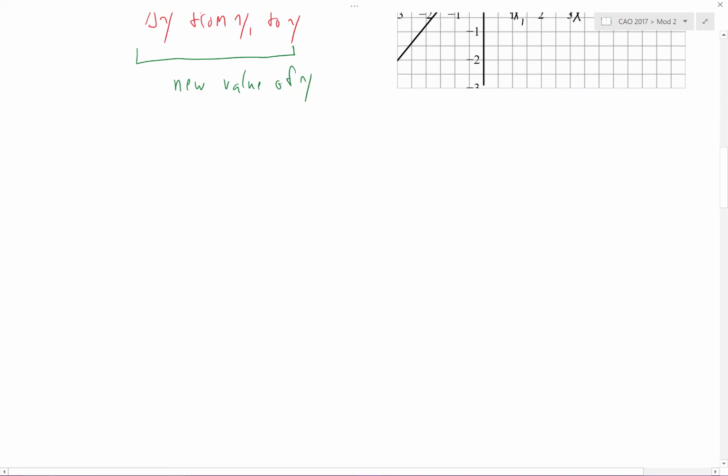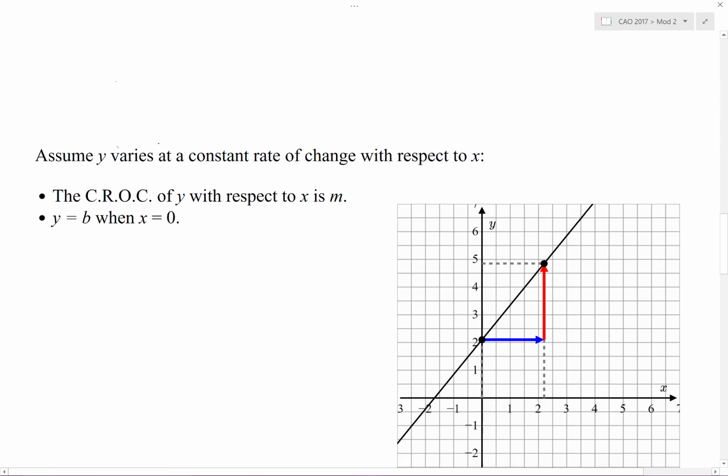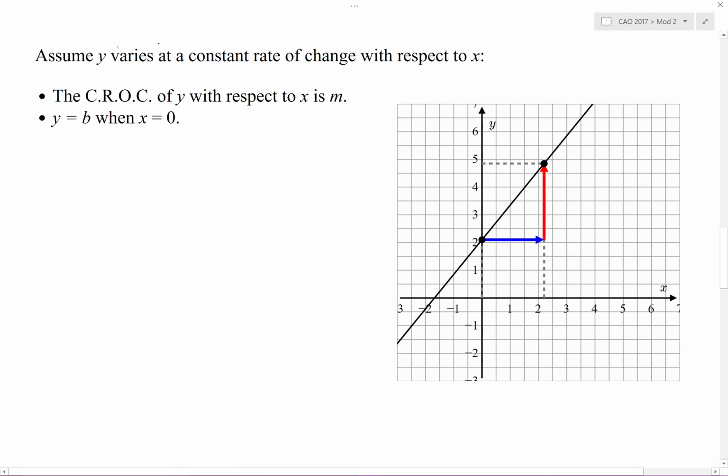Now let's look at another scenario. Let's again assume that y varies at a constant rate of change of m with respect to x, and this time we'll assume that y is equal to b when x is equal to 0. And this tells us that our vertical intercept is 0, b. And we can use this vertical intercept as our reference point for our linear formula.